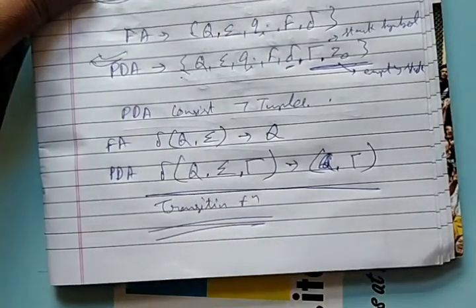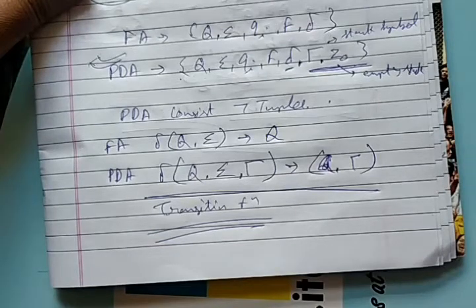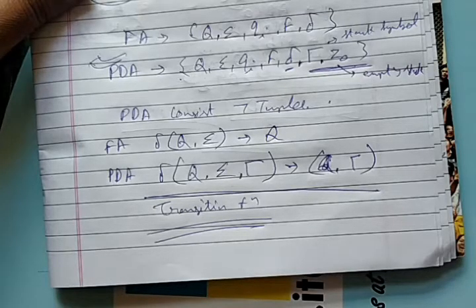So I hope that you got what the actual definition of PDA is. PDA consists of 7 tuples, out of which 5 come from finite automata straight away, and because I have added one memory, I have incorporated 2 tuples into my finite automata, which are stack symbol and empty stack, and hence we have 7 tuples in my PDA. There will be a small change in the transition function.